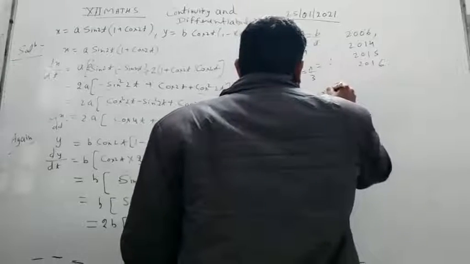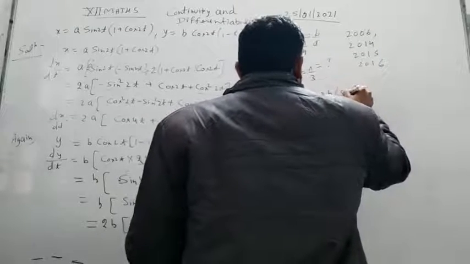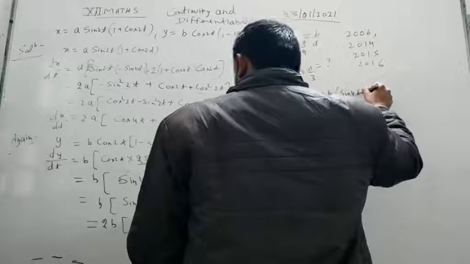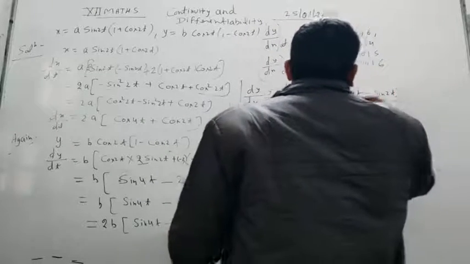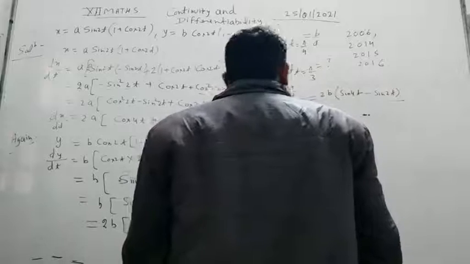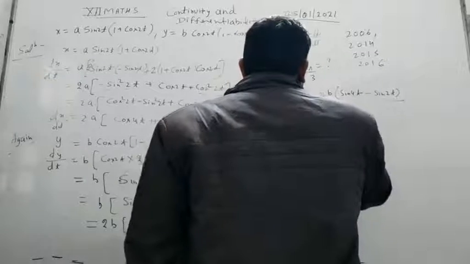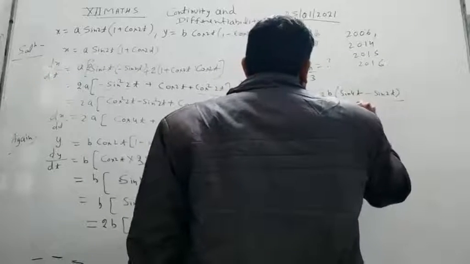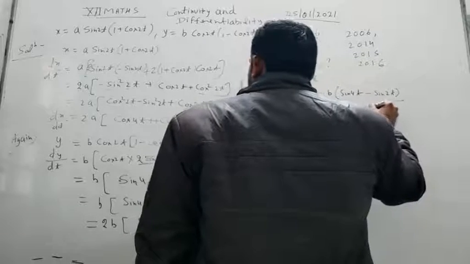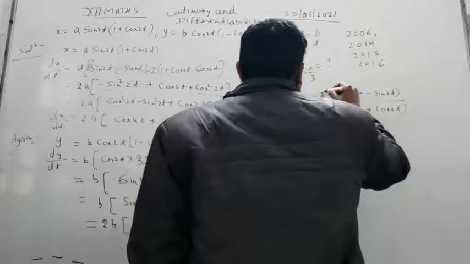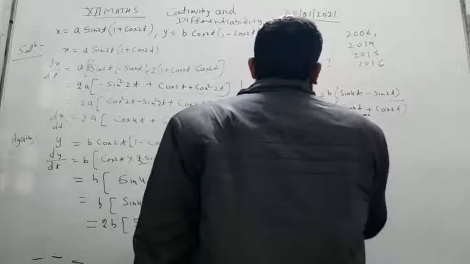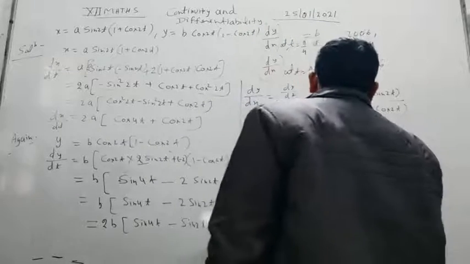So our value of dy by dt is 2b into sin 4t minus sin 2t, divided by 2a into cos 4t plus cos 2t. The 2 is cancelled, and we are getting b by a.